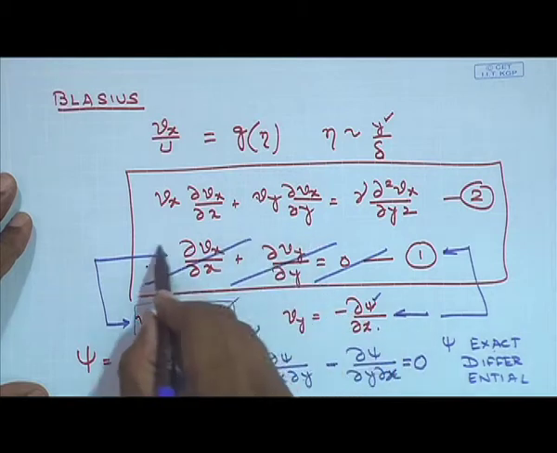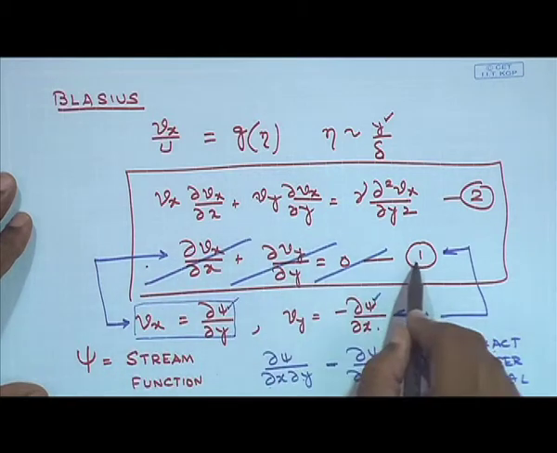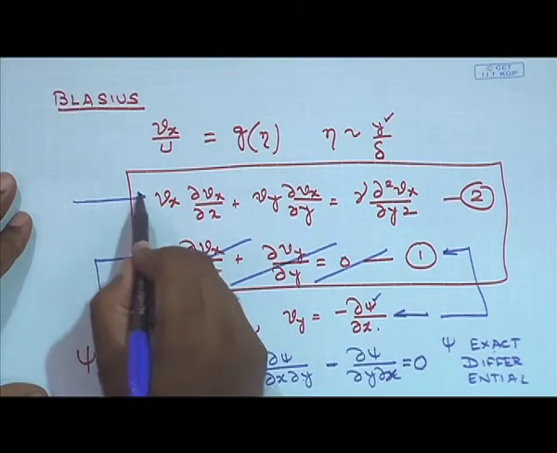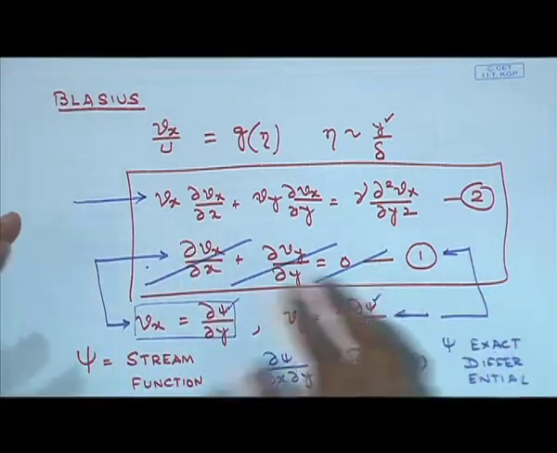So, now we do not have the equation of continuity anymore, it is automatically satisfied. We just have one equation to deal with, which is the equation of motion. So, bringing in the concept of stream function allows me to substantially reduce the complexity of the problem.